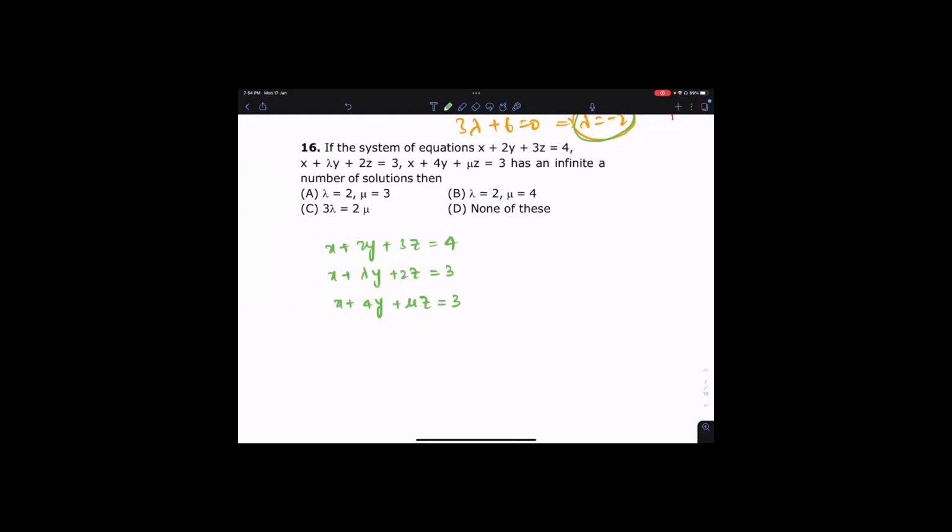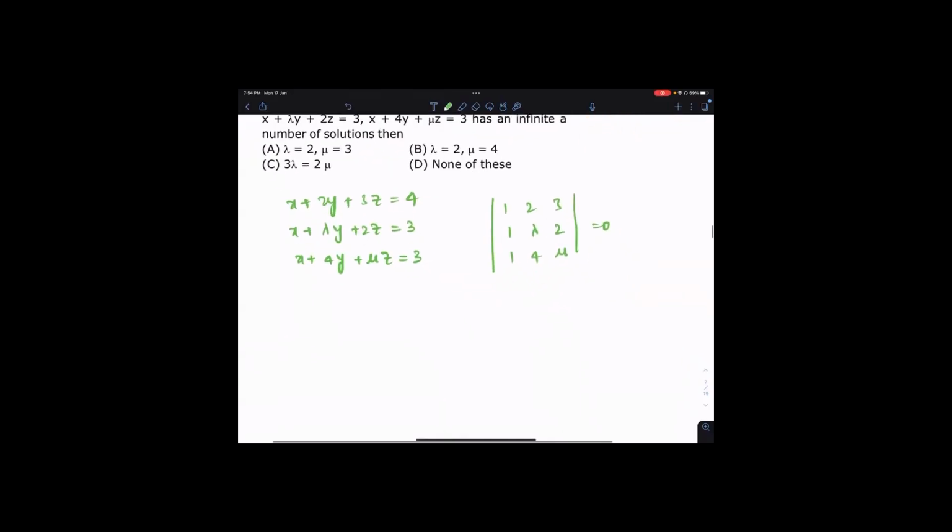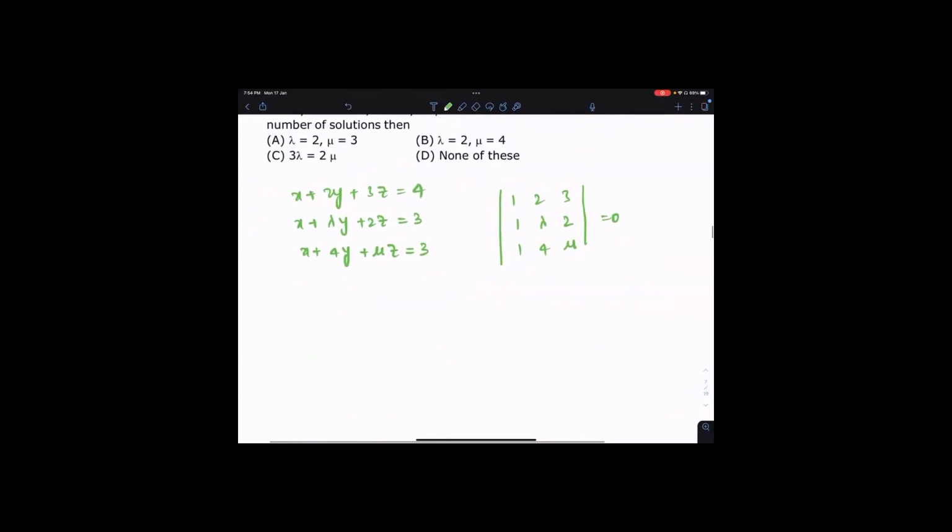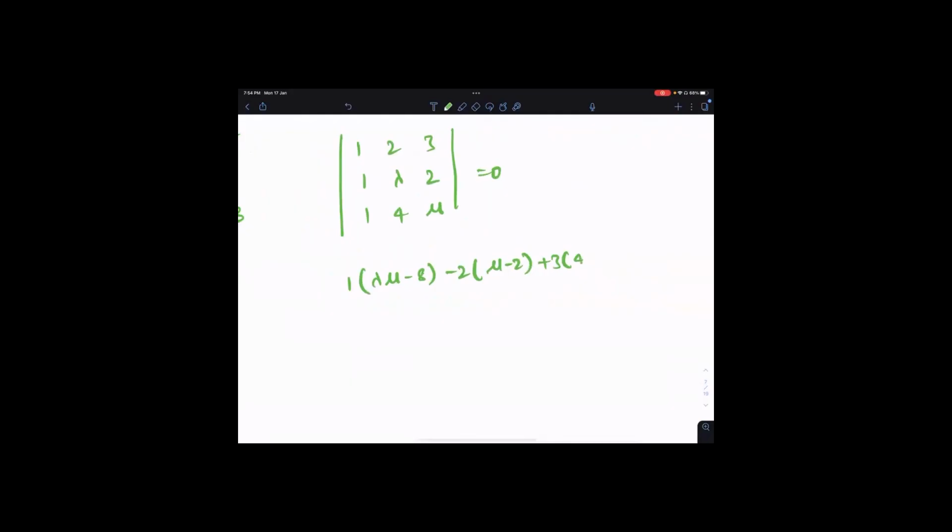Definitely delta must be 0. So first you write delta: 1, 2, 3; 1, lambda, 2; 1, 4, mu. This must be 0. So what do we get? Some big equation: 1 into (lambda mu minus 8) minus 2 into (mu minus 2) plus 3 into (4 minus lambda) equals 0.